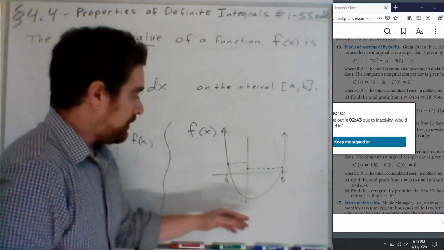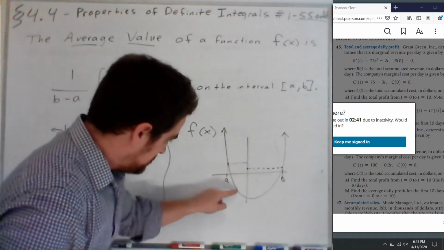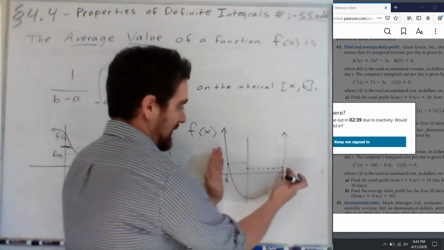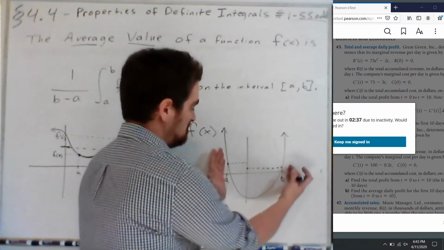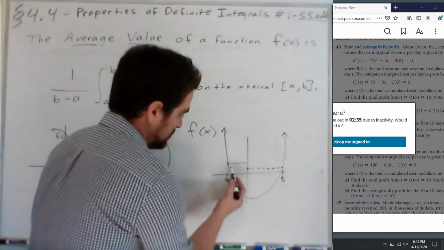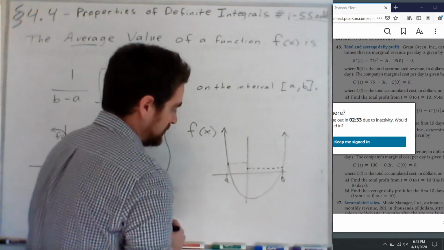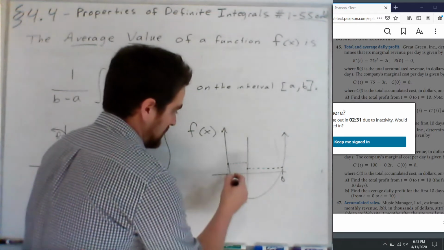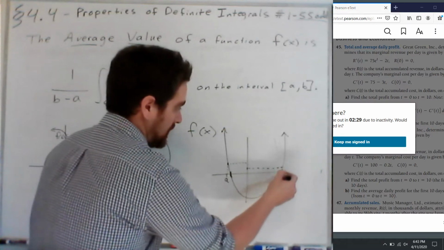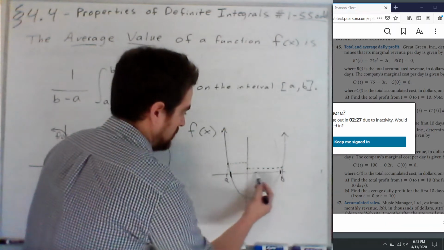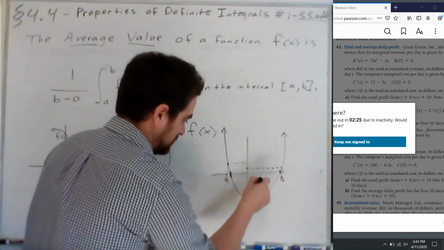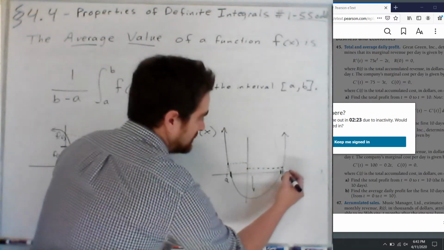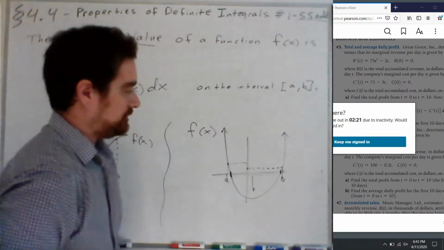But overall, this function has a lot of negative values. So if we look at the average value of this function, it's mostly not positive. It's only got positive values for a little while here. Then it takes on a lot of negative values from this spot to this spot. This is all negative stuff. It's living under the x-axis. And then it takes on just a couple more positive values over here.